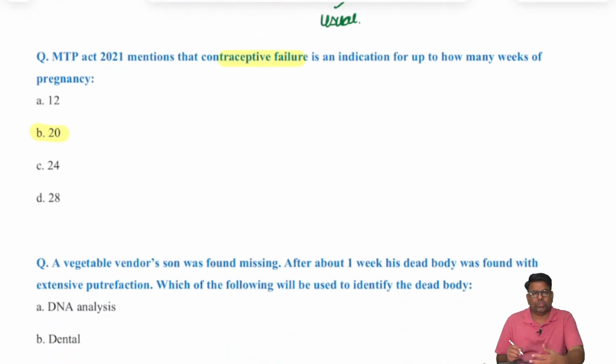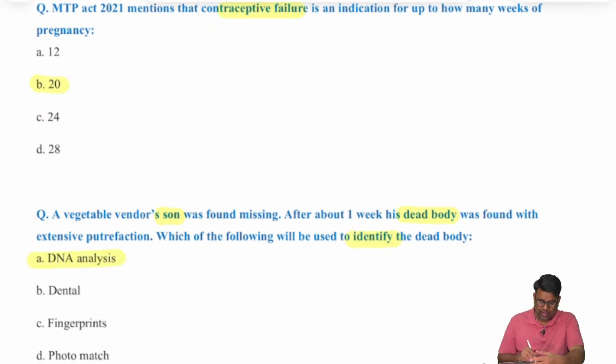Now, the next question was about a person whose son was missing, and later his dead body was found somewhere. How will you identify that the body which has been found is actually the son of that person? If we wish to establish paternity, we can go for DNA analysis.